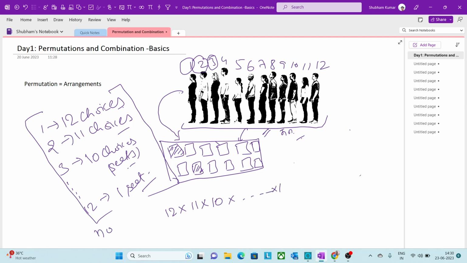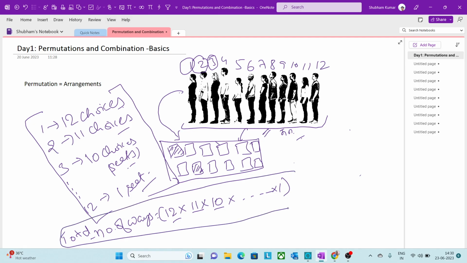So the total number of ways is nothing but the product. The product of individual choices for each person will give you the total number of ways in which they can be settled, and this holds true for any person taken first.